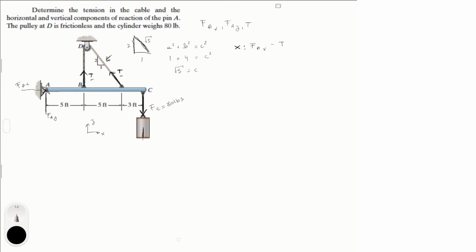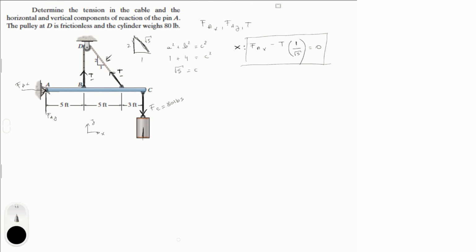And this tension, as we can see from this triangle, the x component can be calculated by multiplying by 1 and dividing by the hypotenuse. And I don't know if you heard that, but that was my cat running in the background. Sorry about that. And that is equal to 0.